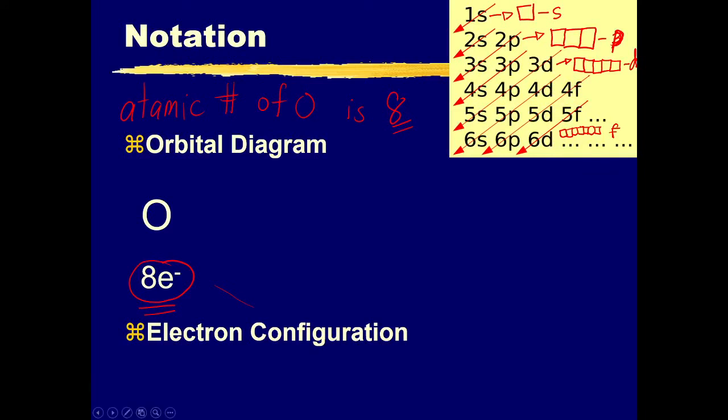Now, we will begin with 1s. Take note, the subshell is S. The energy level is 1. Disregard lang ng energy level. We will have the subshell. S subshell man na. How many boxes will you draw? So we will start with 1 box there for the 1s.